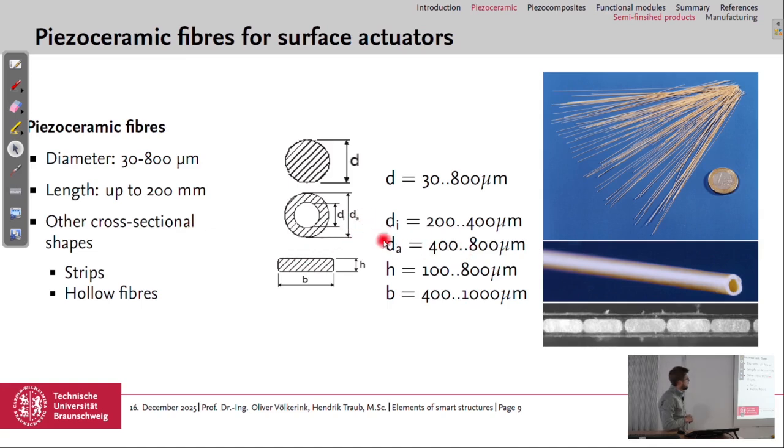The other cross shapes here are similar in dimensions, so also up to 800 micrometers with an inner diameter between 200 and 400, or strips or rectangular fibers, again up to 800 micrometers. And you can see here these fibers with a 1 euro coin as a comparison.